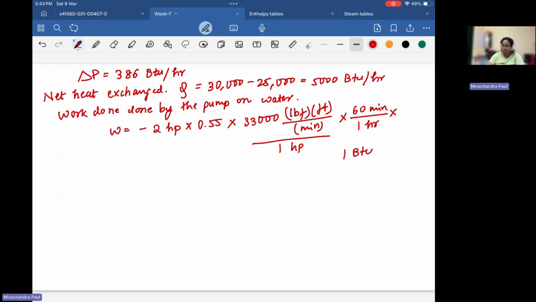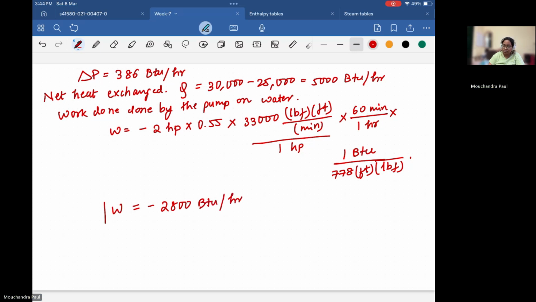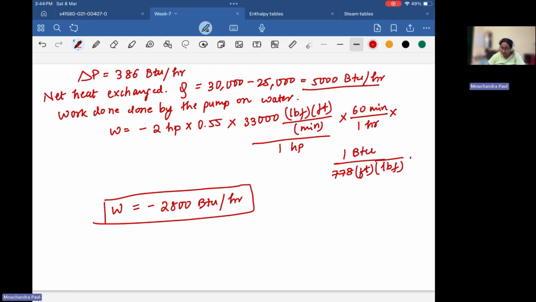and 1 BTU is 778 feet lb force. So when you solve it, you should get 2800 BTU per hour. So this is the net heat exchange, is the net work done.